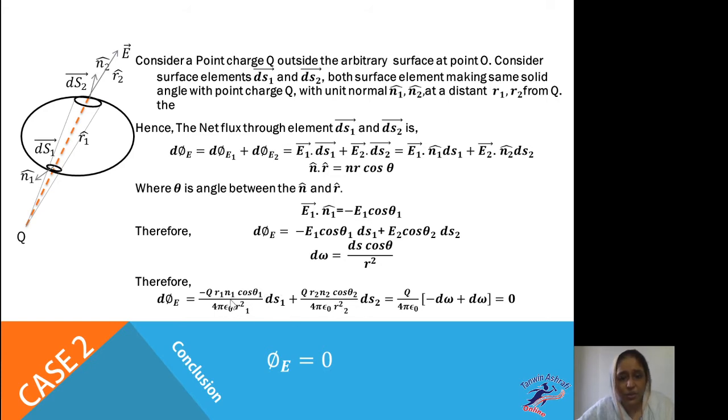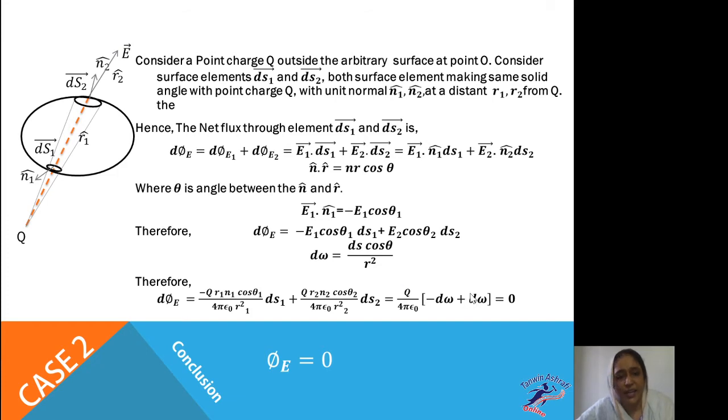In this equation, q/(4π ε₀) is a constant quantity, and r̂1 · n̂1 involves unit vectors having magnitude 1, so it is nothing but 1. cos θ1 ds1 divided by r1 squared is the solid angle dΩ at this point. In a similar way, cos θ2 ds2 divided by r2 squared is the solid angle by this cone.